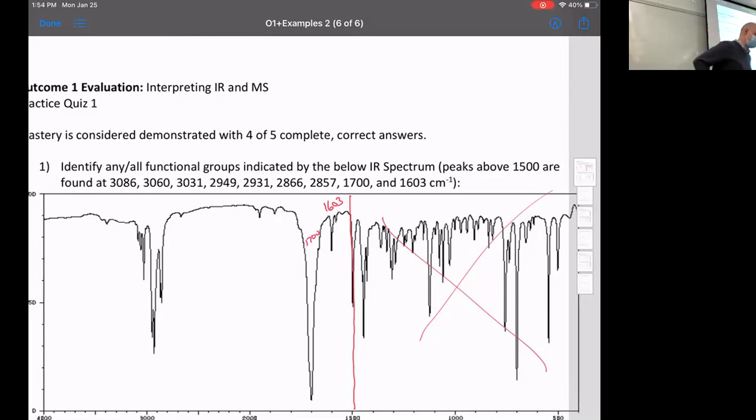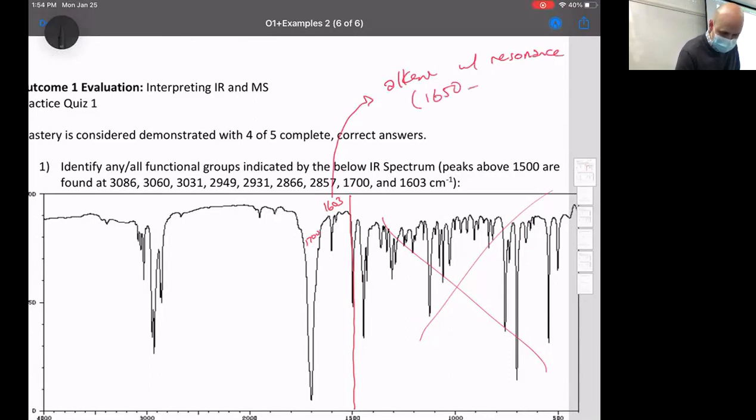You can put that in your notes from Friday, or write it down now. This 1603 peak is an alkene with resonance, which would be 1650 minus 50, or 1600-ish.